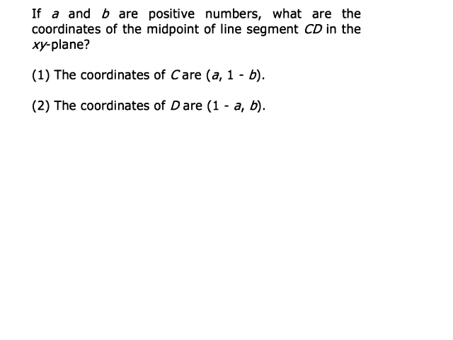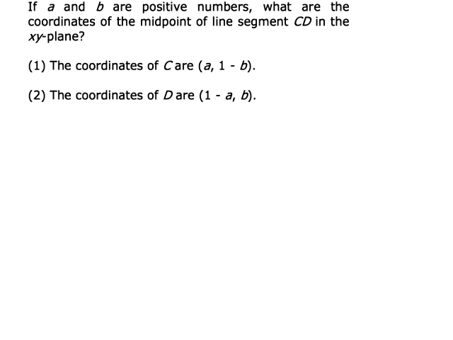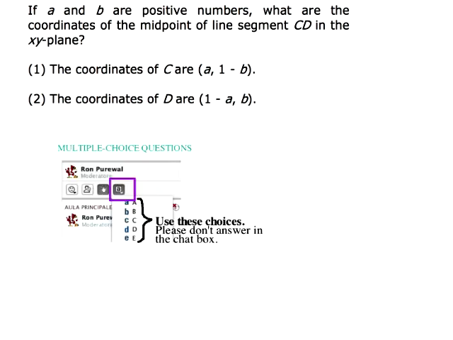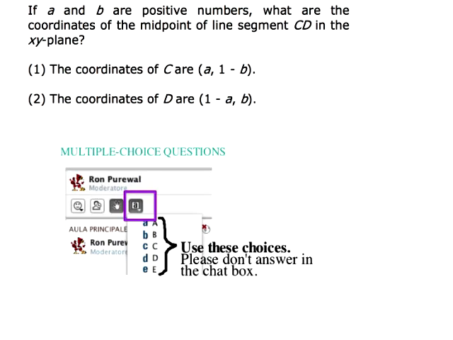If you are attending this workshop, we do expect that you have a base level of familiarity with how data sufficiency works and what the answer choices mean. But here is where you find the multiple choice options. Again, underneath your name, you'll find A, B, C, D, E options. Please use those. Please do not answer in the chat box.